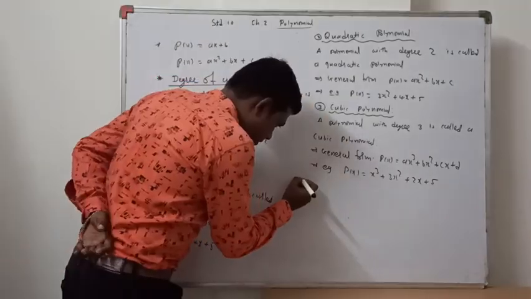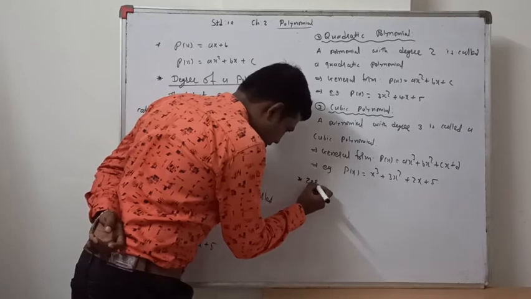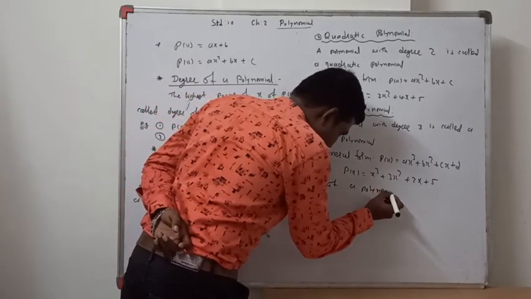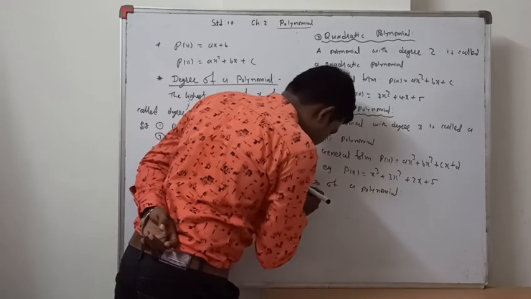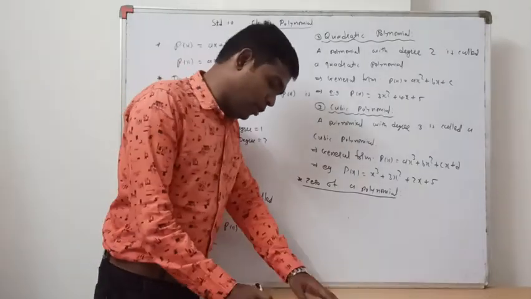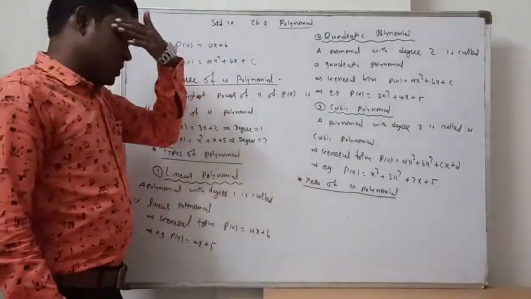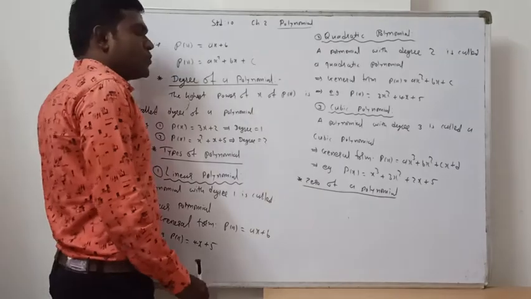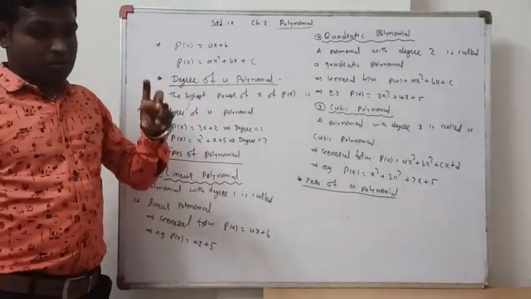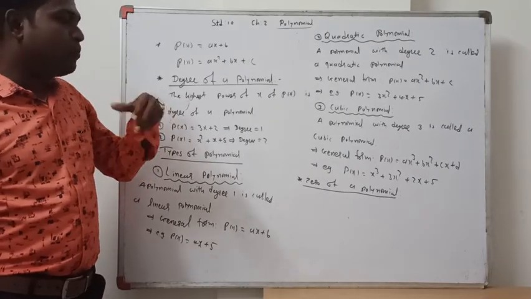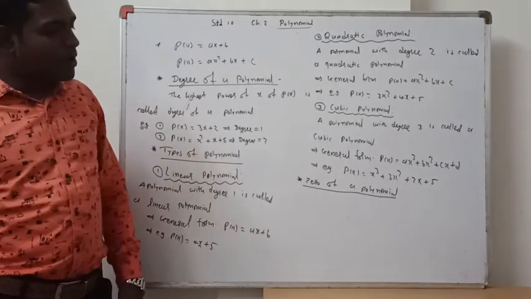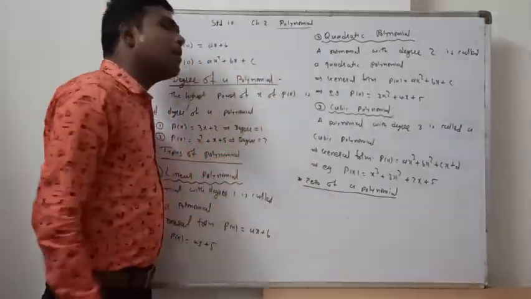Now we understand the zero of a polynomial. Zero of a polynomial means what? Suppose we are having a polynomial, and in that polynomial, whatever number we put, the answer we get is 0. Then that number is called the zero of that polynomial.